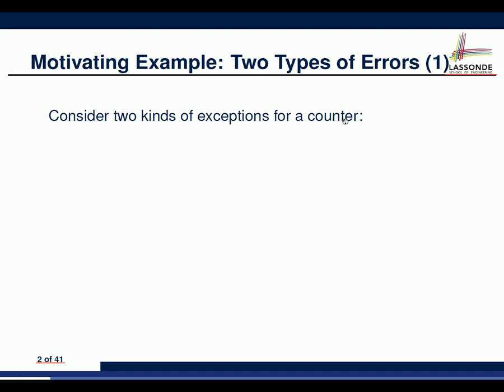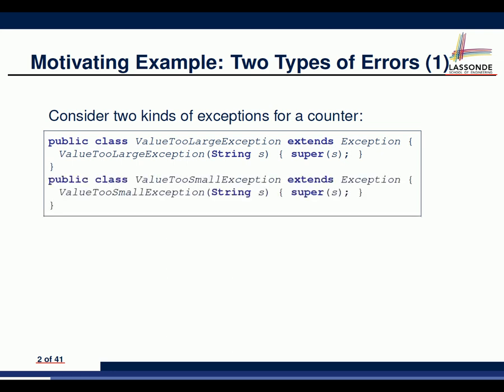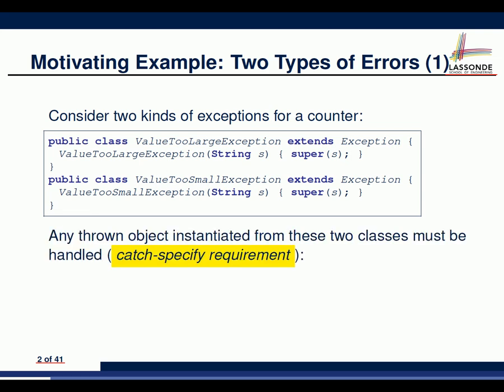That's why I'll show you lots of example code today, and we have to review the knowledge about exceptions: try and catch, and also throws. Can we just assume we have two exception classes: ValueTooLargeException and ValueTooSmallException. These are the only two sources of error for our discussion today. And then remember the catch or specify requirement. Let me recap very quickly so we are on the same page.